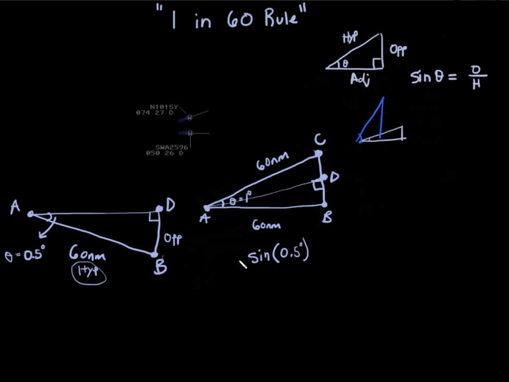So we have sine of theta, which in our case is half a degree, 0.5 degrees. What we need to do is multiply that by 60, because if we just do opposite over hypotenuse, it's just opposite per one hypotenuse, but the hypotenuse is actually 60 miles. This is 60, not 1. But don't forget that dB is only going to be half of our answer, because we need to double it.